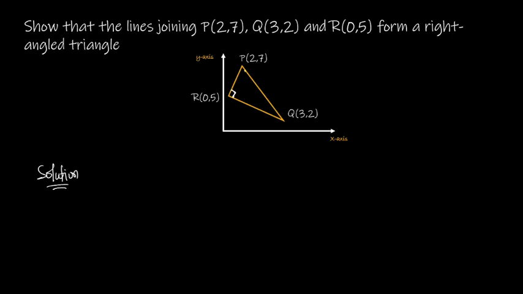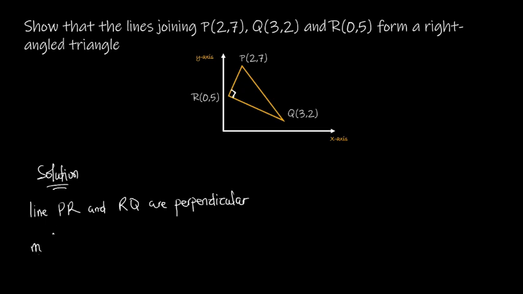If the angle over here is 90, it means line PR, which is P and R over here, and line RQ are perpendicular. And because they are perpendicular, we are expecting their gradients to give us a negative 1 when we multiply them together. So let's go ahead and calculate their gradients and see that.